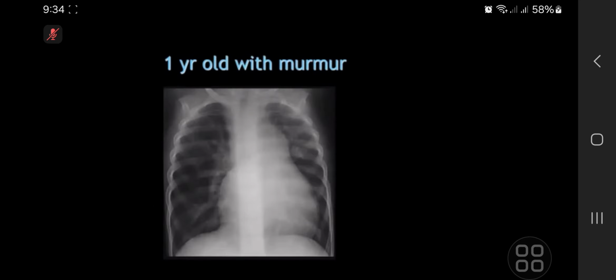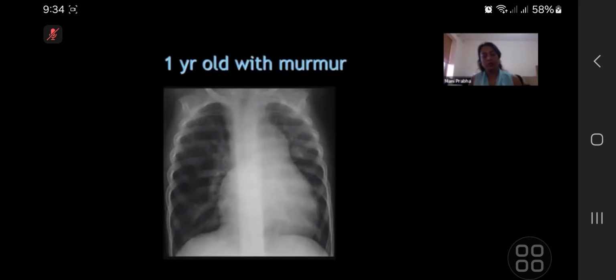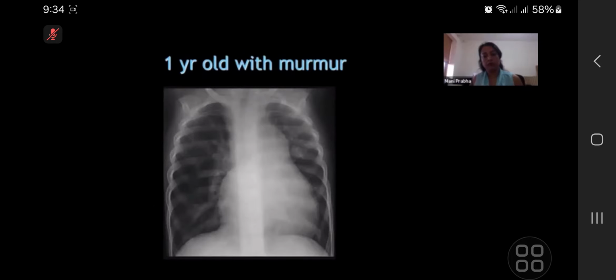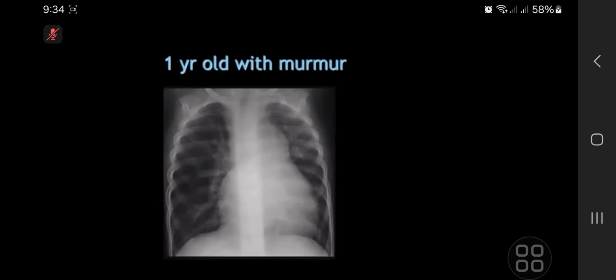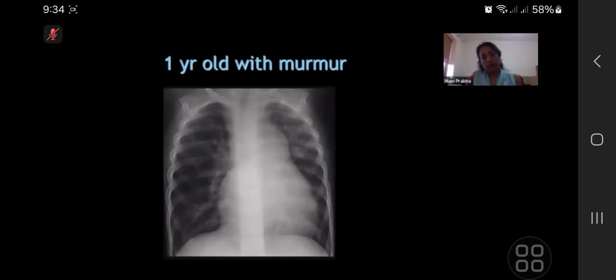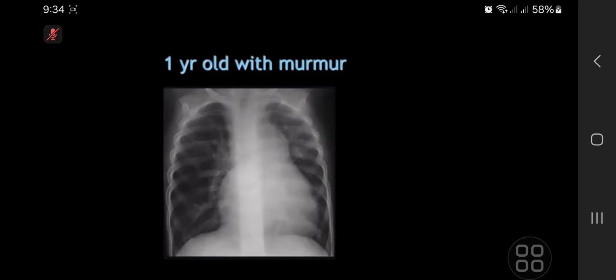So it's a 1-year-old child with a murmur. In terms of situs, there is levocardia. I can't really see the gastric bubble. The aortic arch is left-sided. The pulmonary artery is visible, probably slightly enlarged, I would say, on the right. For cardiac chamber enlargement, there is gross cardiomegaly.